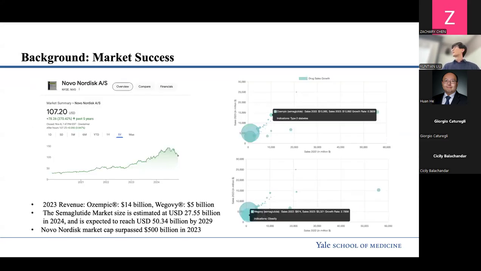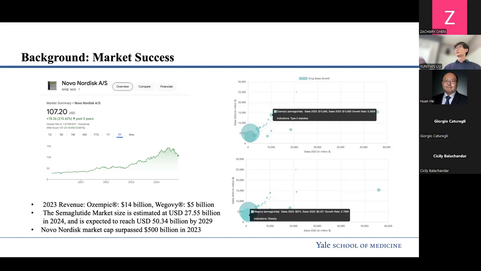Beyond the clinical outcomes and those biomarkers, semaglutide also got huge success in the market. On the right is a screenshot from Google showing the stock price of the pharmaceutical company that developed this drug.